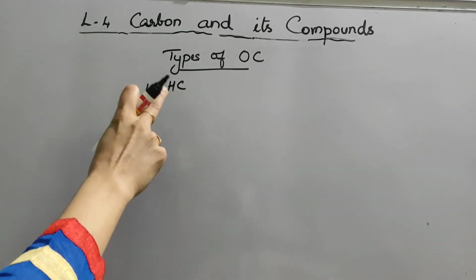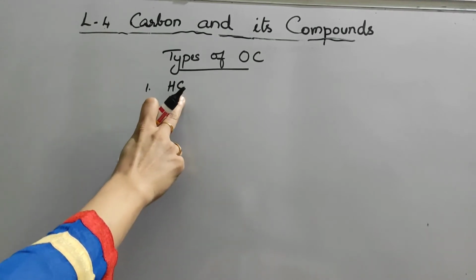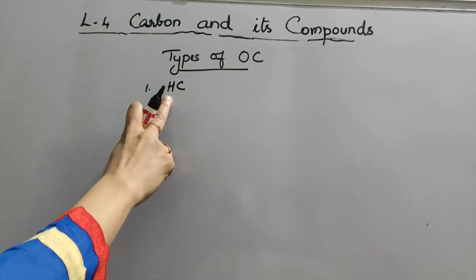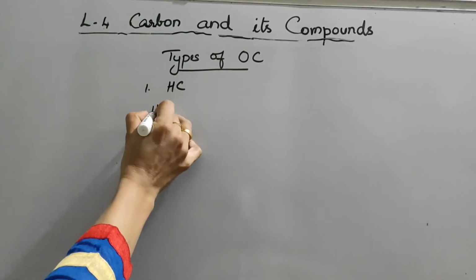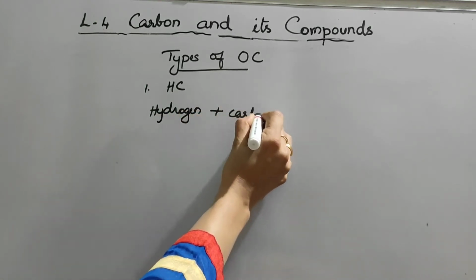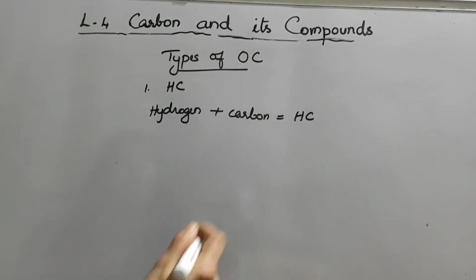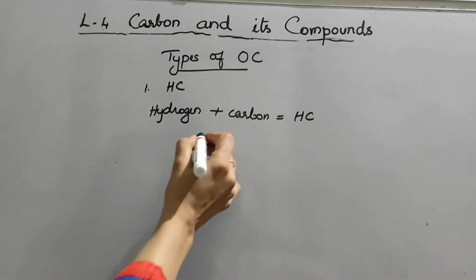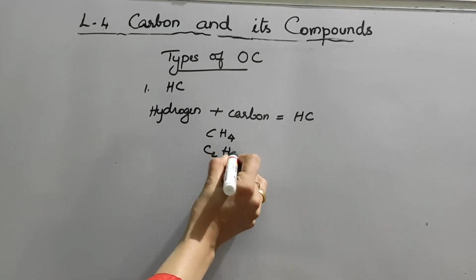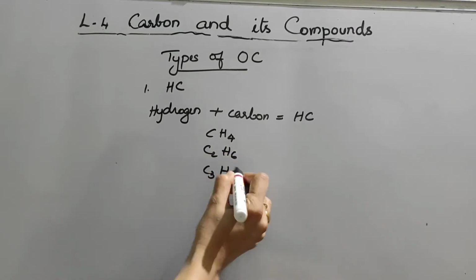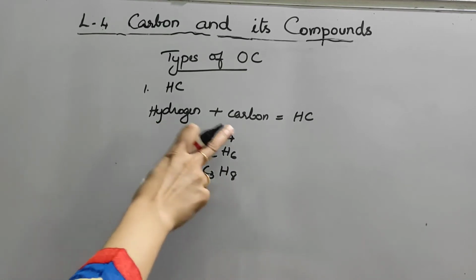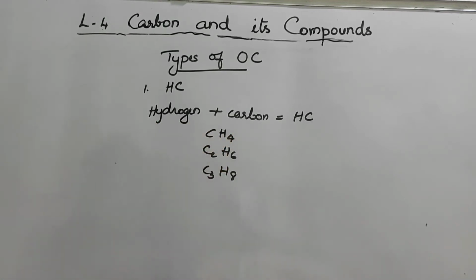A compound made up of only hydrogen and carbon is called a hydrocarbon. Examples of hydrocarbons are methane, formula CH4, ethane C2H6, propane C3H8, etc. Look, in all these cases it has only carbon and hydrogen, so we call them hydrocarbons.